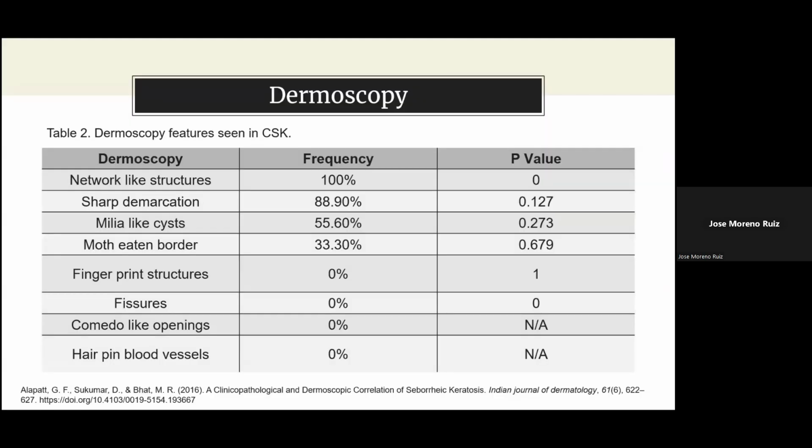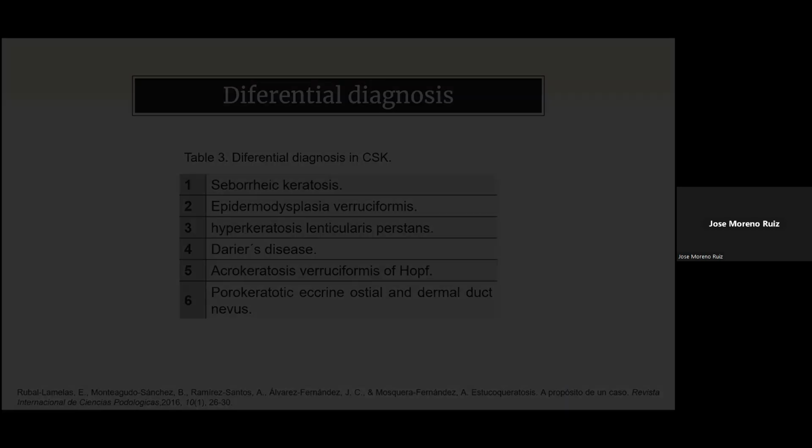On dermoscopy, it is usually shown as a network-like structure, sharp demarcation areas, milia-like cysts, moth-eaten borders, fingerprint structure, fissures, and comedo-like openings. In our patient, we only saw a network-like structure, sharp demarcation borders, and also hairpin blood vessels.